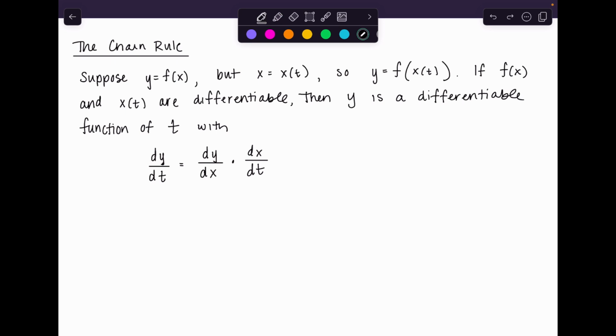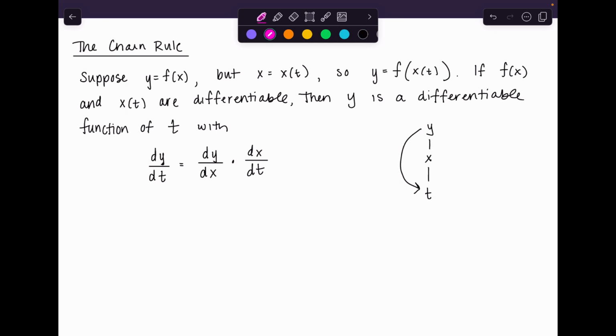Okay. What's actually really helpful for this is drawing a different type of diagram, which is called a tree diagram. So it's kind of showing us the layers with these variables. Our topmost variable is y, and that depends on x. And then x depends on t. So ultimately, you have y depending on t.